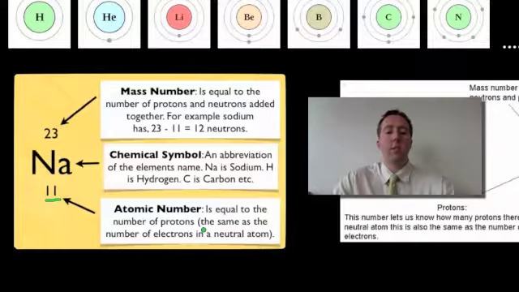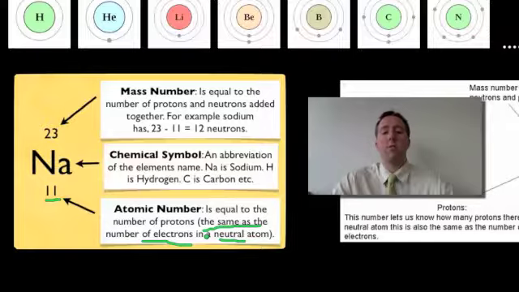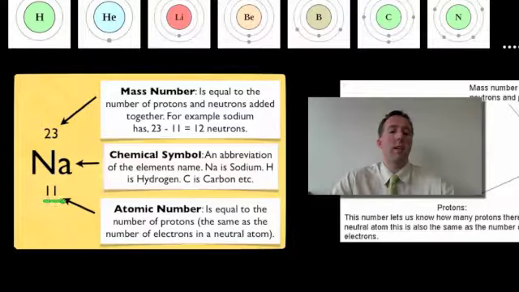And generally speaking, atoms have got the same number of electrons as they do have protons if it is a neutral atom, so if it doesn't have a charge. So the same number of positive charges, protons, and the same number of negative charges, electrons, if it's a neutral atom. So often the atomic number will be able to tell us how many electrons there are too.